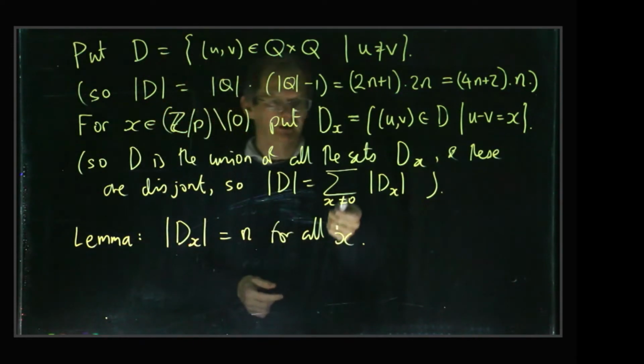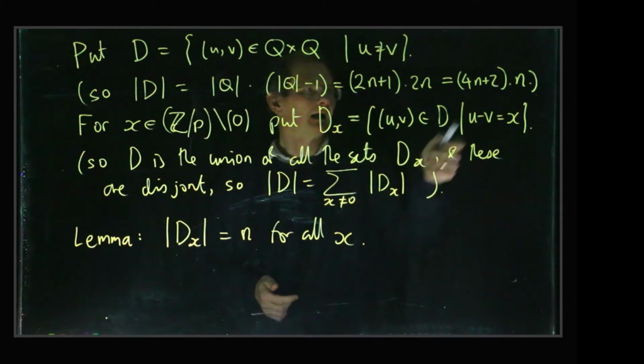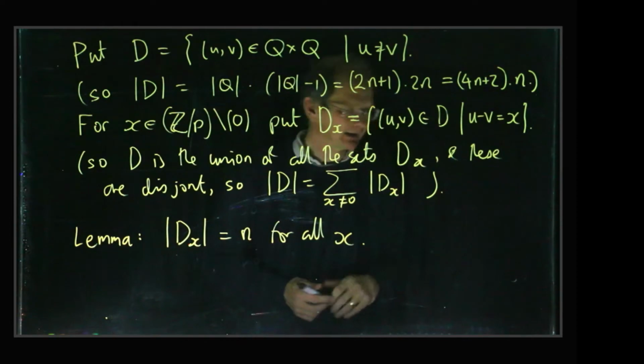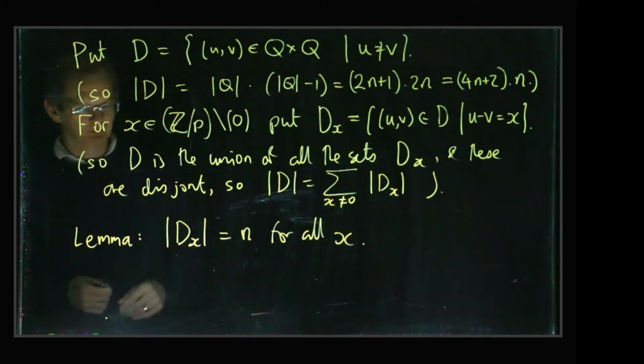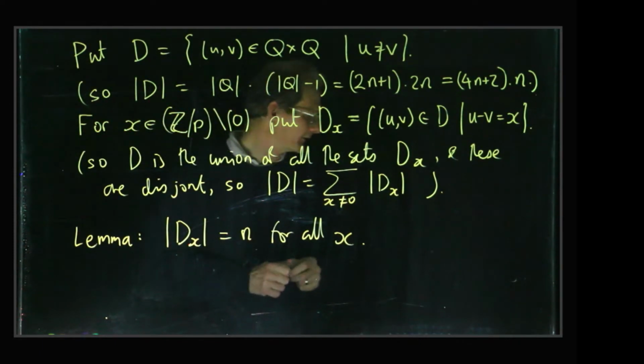So in this sum you just get 4n plus 2 terms all the same, and the total has got to be equal to the size of D, which is 4n plus 2 times n, so that means each term's got to be equal to n. Okay, so in order to prove this, we need to show that all the sets D_x have the same size.